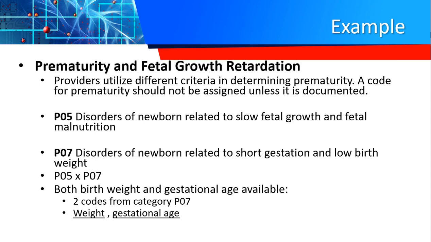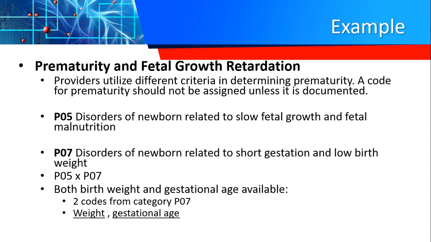Now, when you are coding P07, if the birth weight and the gestational age are available, you need to have two codes for category P07. And you always need to code the weight first before the gestational age. In your sequencing in your tabular list, the code with point zero should come first, your weight, before the gestational age. So follow that.